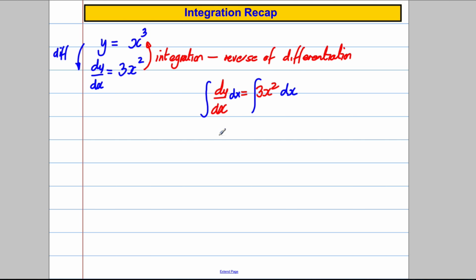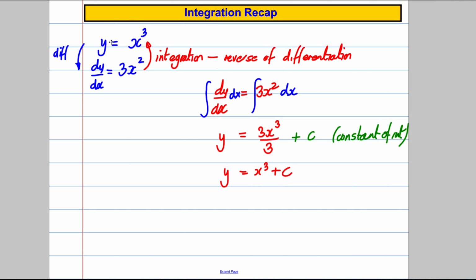When you integrate this, you get y back is equal to, what we would do here is add 1 to the power, and we would divide by the 3 here, and we would always have a constant of integration plus c, and we would simplify that to y is equal to x cubed plus c.